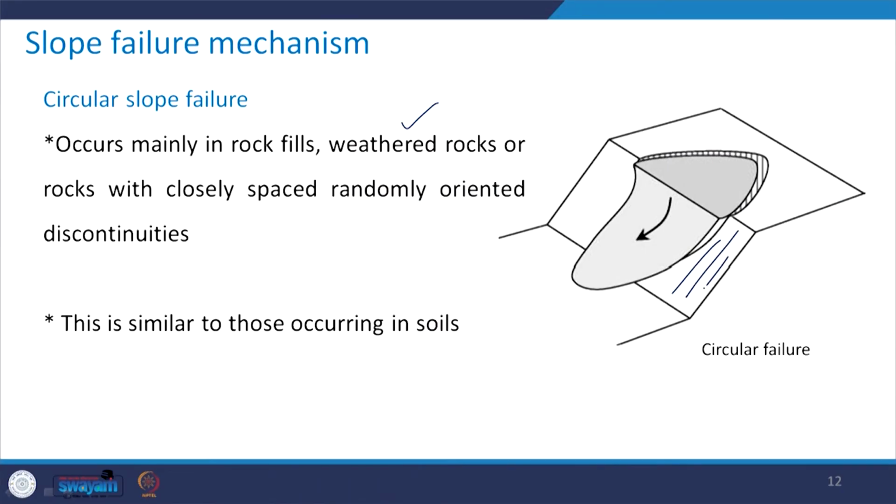So, you see there is a three-dimensional picture shown here. This is the slope face, and in a circular fashion this mass is coming down. This is what is called the circular slope failure.